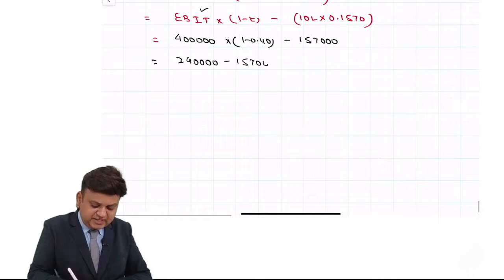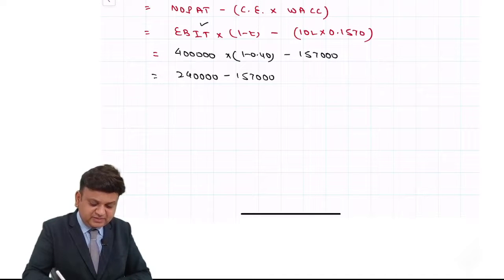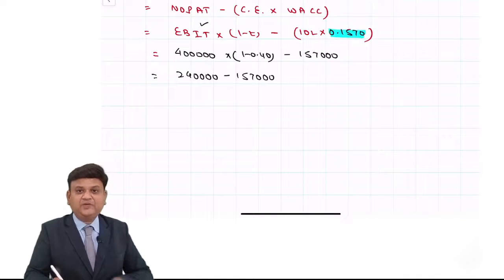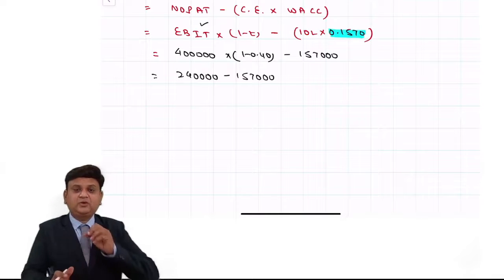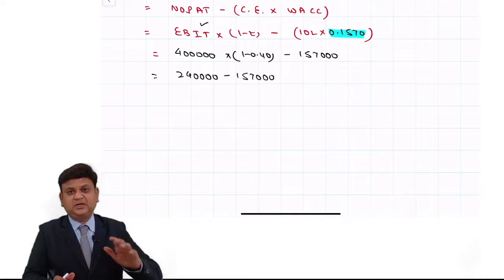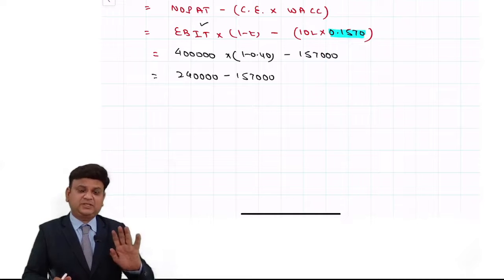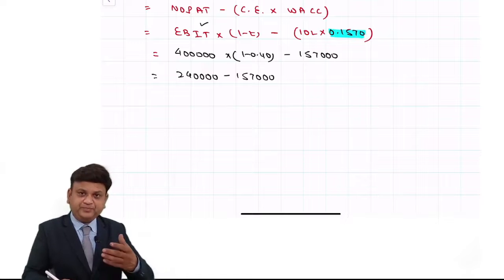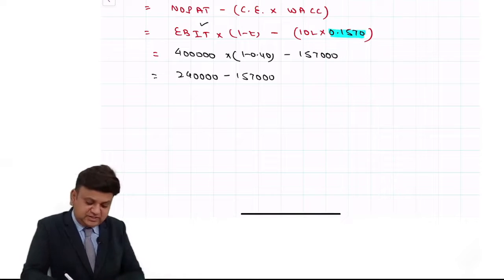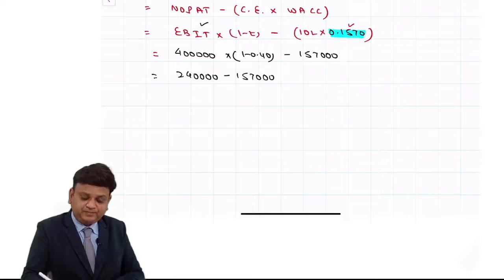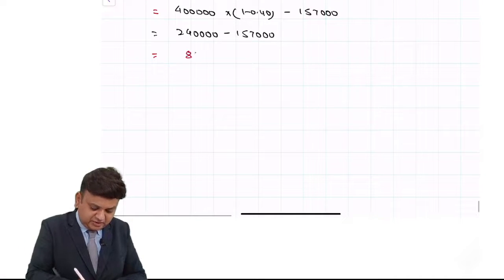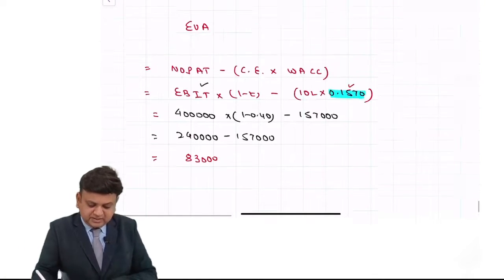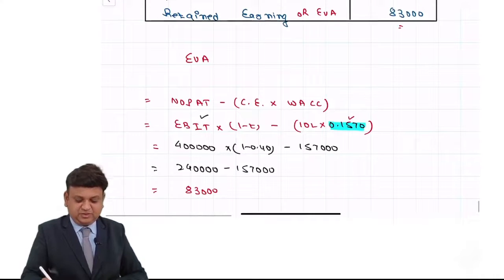Dear students, this 15.7% reflects the effect of all financial charges taken together. It includes not only the equity shares and preference shares, but also the debentures. All of them are included. That is, the effect of all fixed financial charges is included here. So now you can see 2,40,000 minus 1,57,000, and that comes to 83,000. This is the way economic value added is calculated.